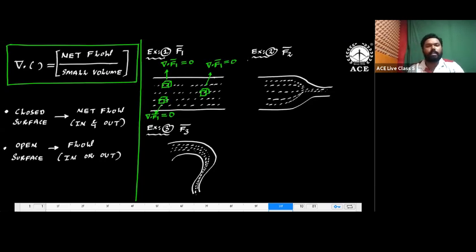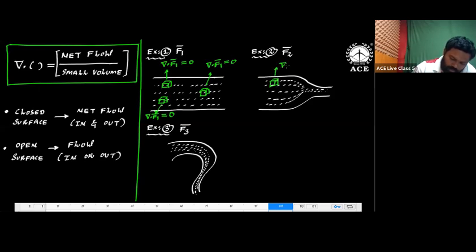Now let us consider the second example. In the first example and the second example, I have considered what kind of fields? Straightforward fields. In the third example, I have considered circulating fields. Listen carefully. Suppose I want to investigate here, I need to place some small piece of a box.